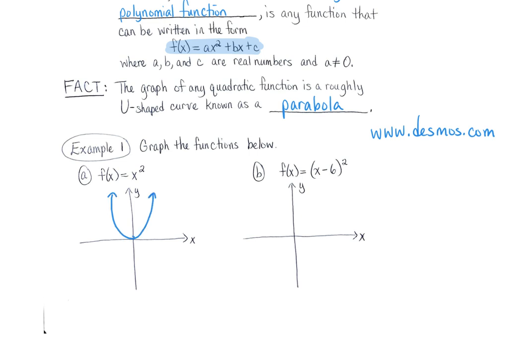centered at the origin. What is this point called? Yes, this is the origin, 0, 0. For any parabola, do you know what that point in the middle is called?